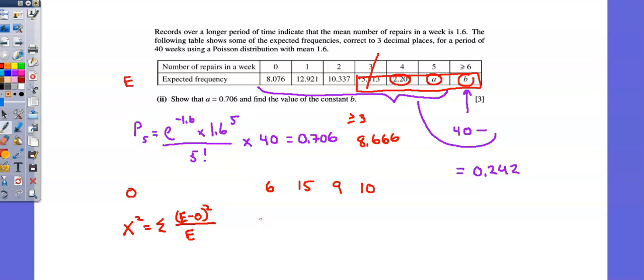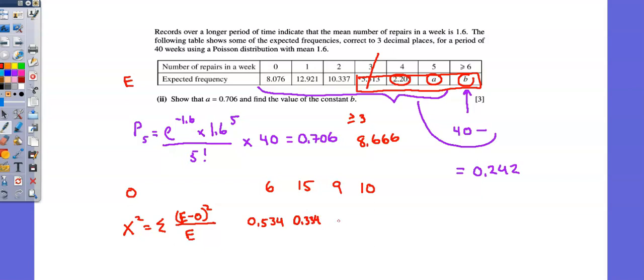So I subtract 8.076 minus 6, I square that value, and I divide by 8.076, and I get 0.534.